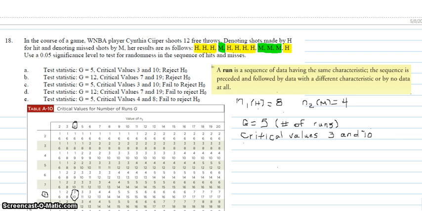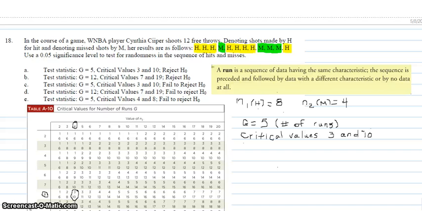Okay, so now that we've determined the critical values are 3 and 10, we now know that choice E cannot be an option. So we're left with choice A or choice C. Both of them say test statistic G equals 5. Both of them say the critical values are 3 and 10. So now we have to decide, are we going to reject H0 or fail to reject H0?